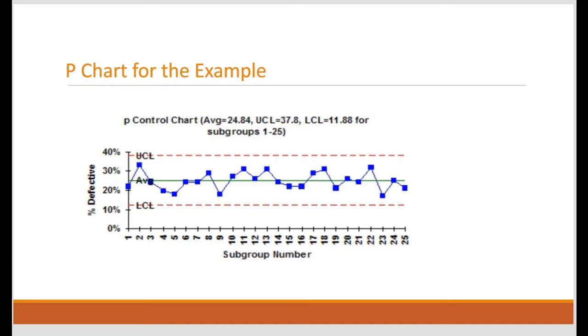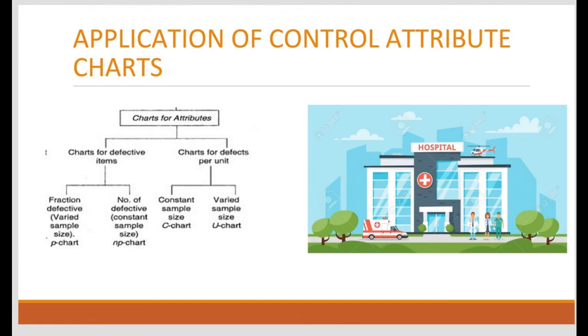We get the following graph by plotting the data in the table as the subgroup number against the percentage defective. From the graph, we can interpret that the P bar value is 24.8%, which signifies that 24.8% of invoices are defective. Also, the data is within the control limits.